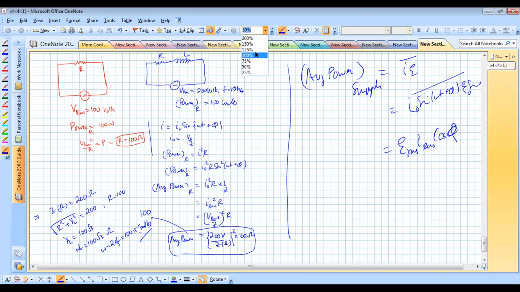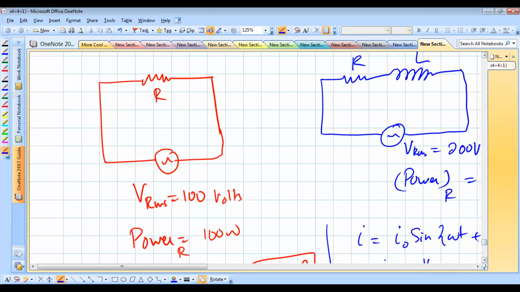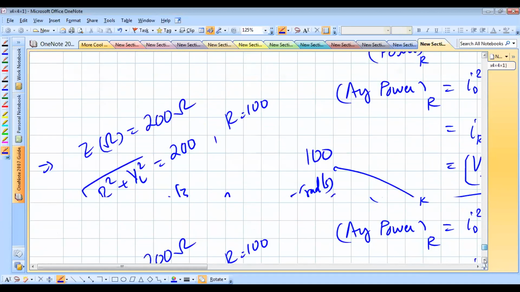RMS just means that it is square root of mean of square. Root of mean of square. If you apply it to a vector quantity, you're first squaring it and then averaging it and then taking the square root. So the square of a vector typically means magnitude square, like that.